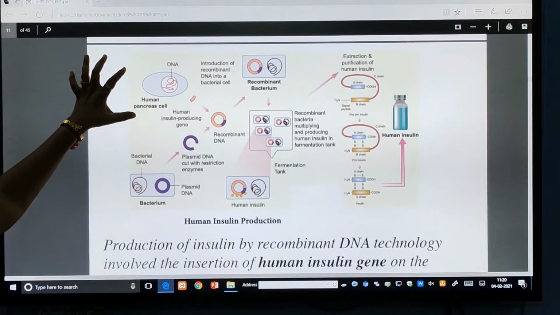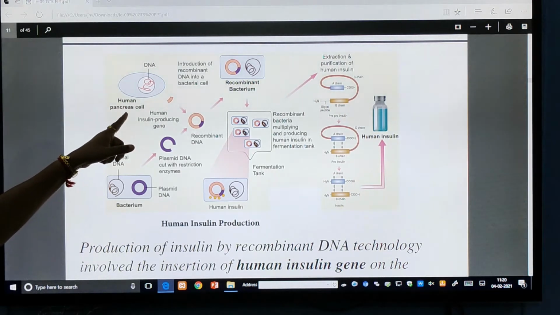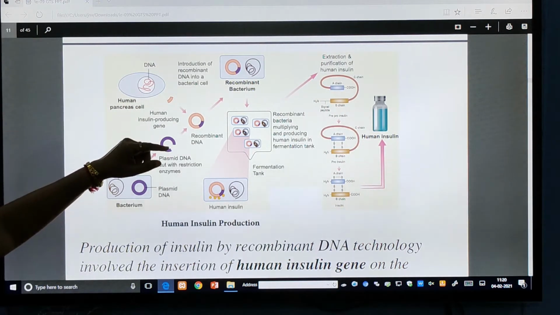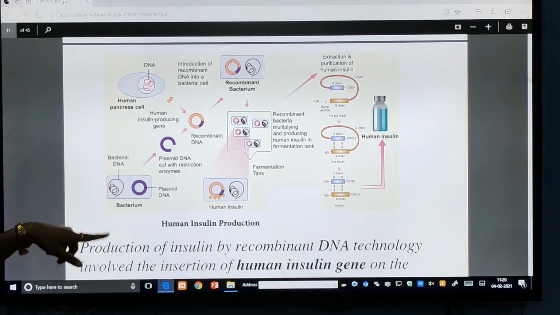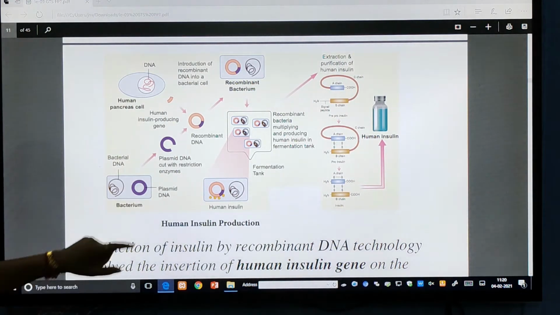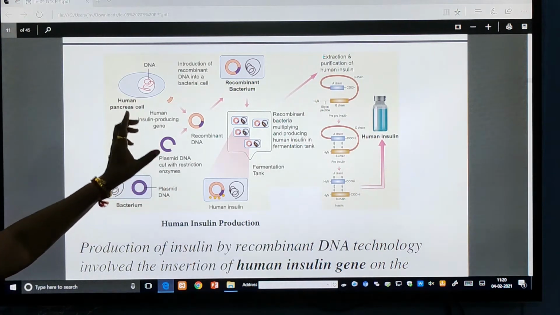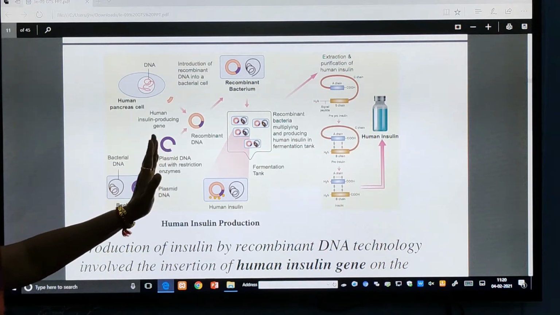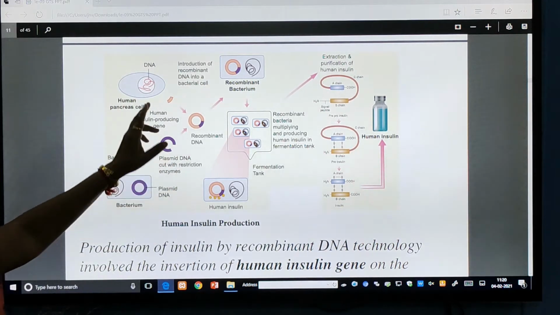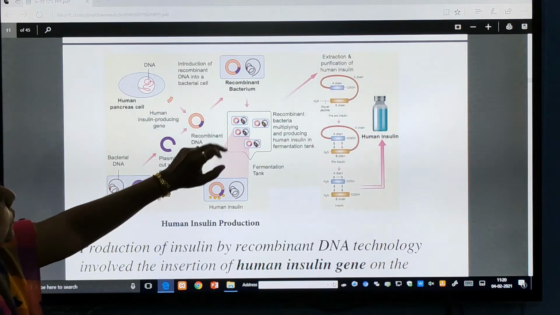See here the DNA: you have the human pancreas cells, and also the bacterium Escherichia coli, which has extra chromosomal material, what do you call it, the plasmid DNA. By the splicing technique, they were able to introduce this particular gene into the recombinant plasmid.